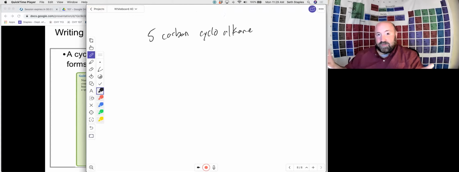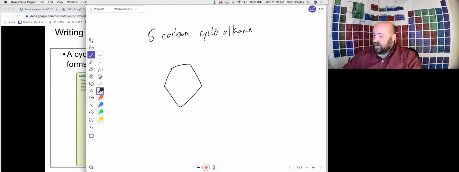So I know now that I'm just going to have 5 carbons, but they're all connected in a ring. And so I'm going to have 1, 2, 3, 4, 5, and then coming back to connect in a ring. So your basic pentagon shape.